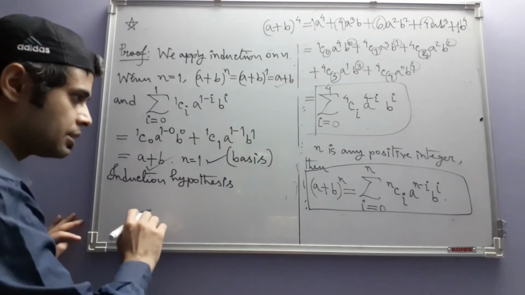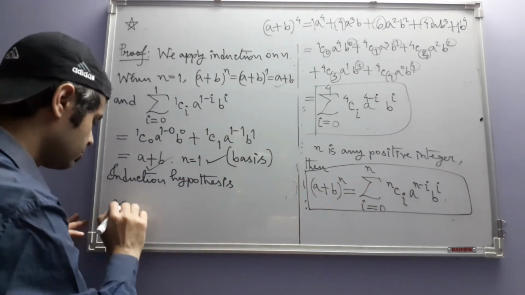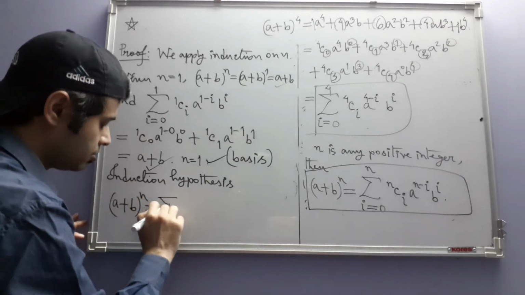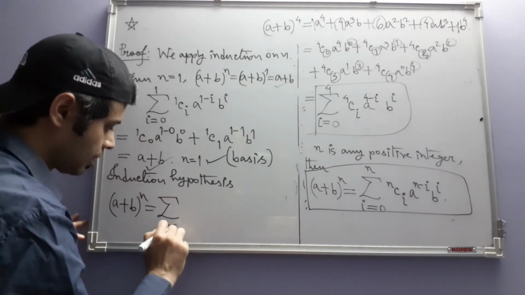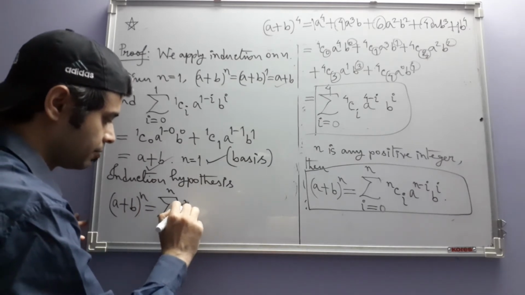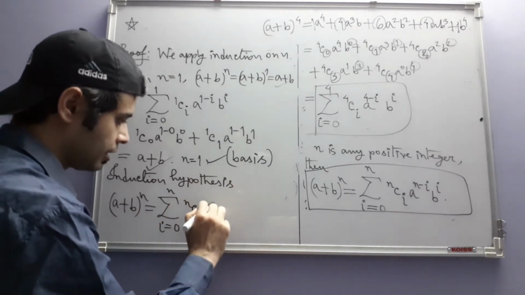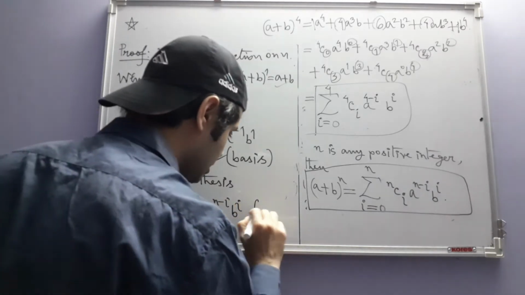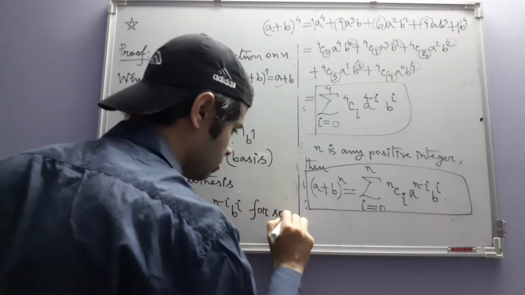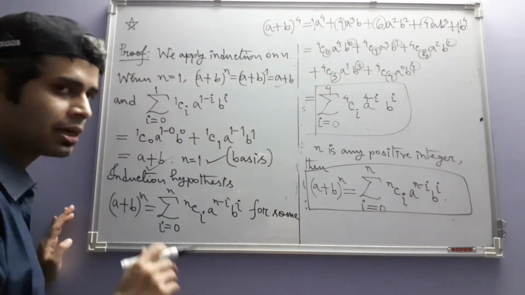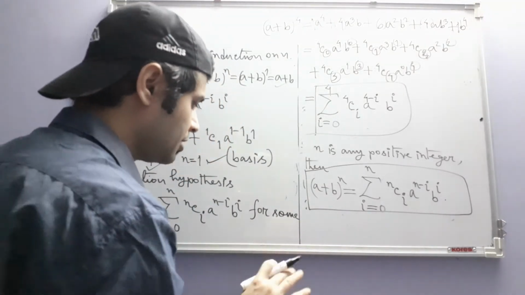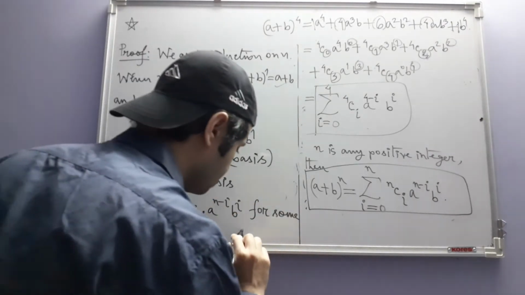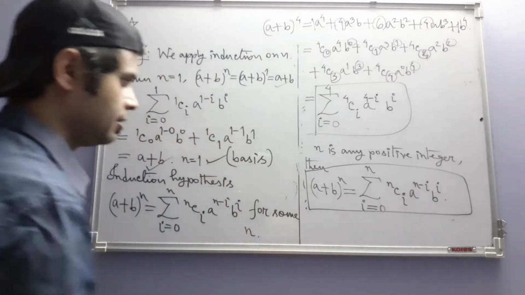Okay, so it is nothing but this itself: (a plus b) whole to the power n equals summation i varying from 0 to n nCi a to the power n minus i times b to the power i, for some n. Not any fixed n, but for a general arbitrary n, but not for all n. That's what we are proving, okay? For some positive integer n.